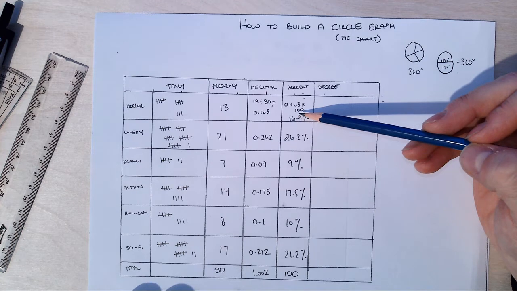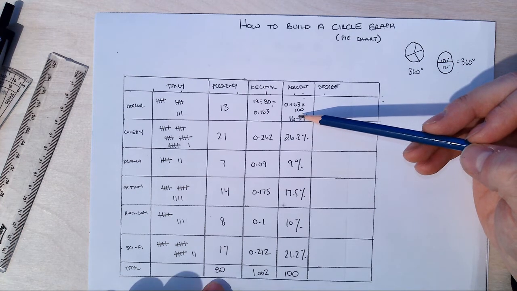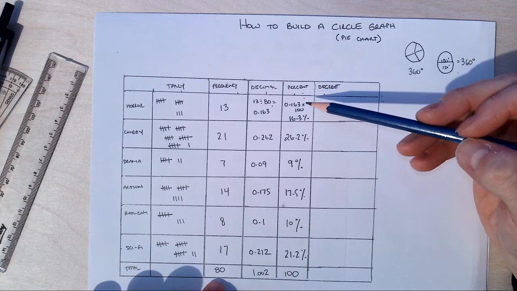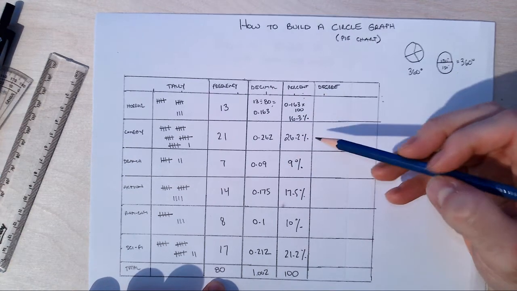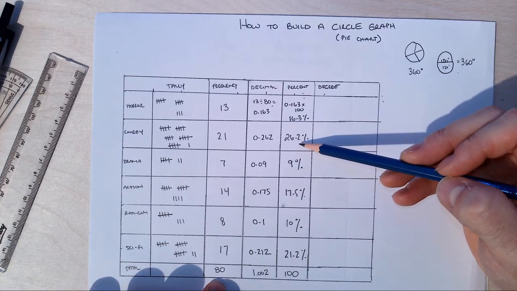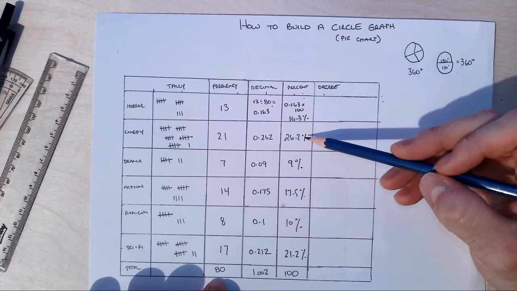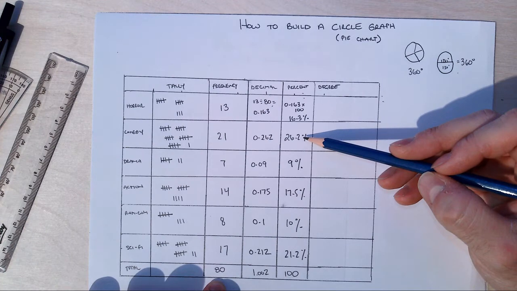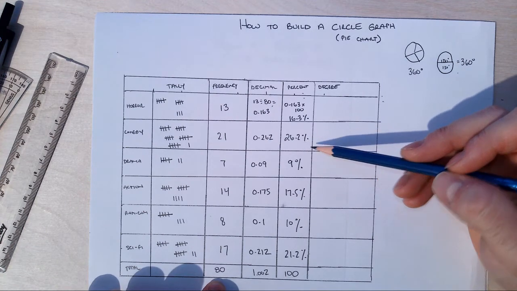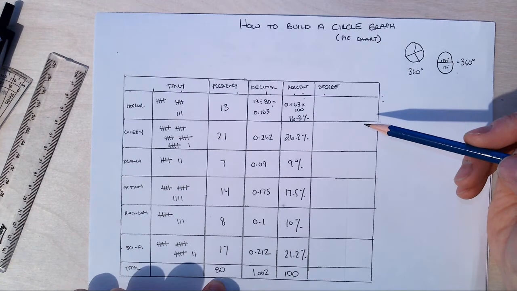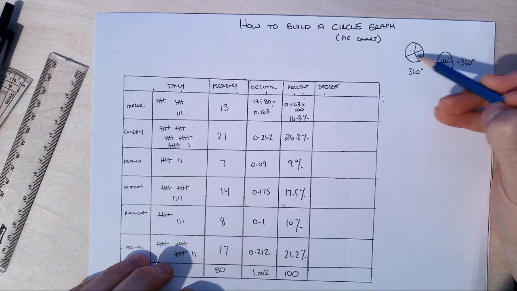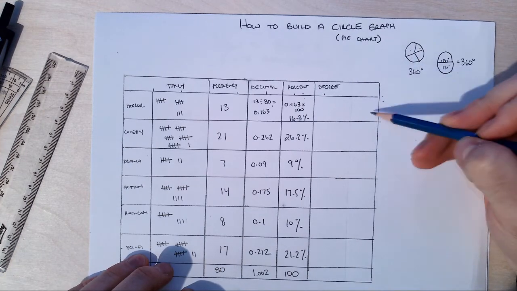So in this case, I have 80 participants in my survey, and for example, the number of participants that like comedy is 26%, or 21 out of 80 people prefer comedy as their favorite movie genre. What I need to determine before I start making a circle graph is how big each slice of my circle, each category, is going to be.